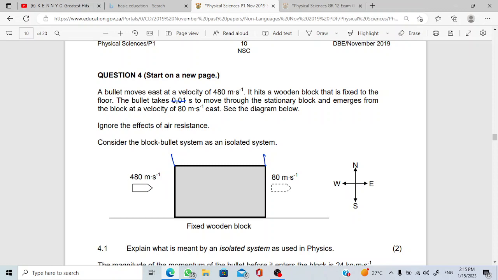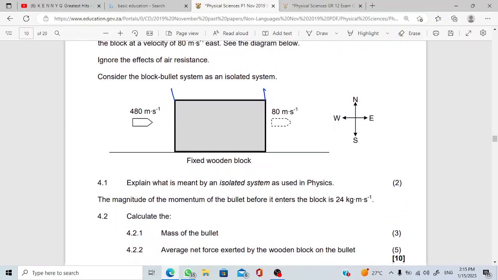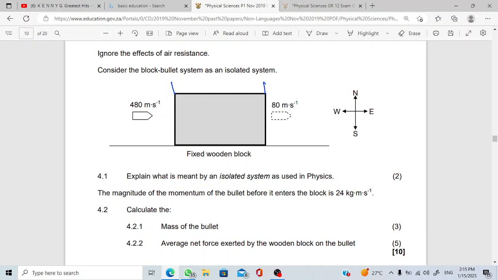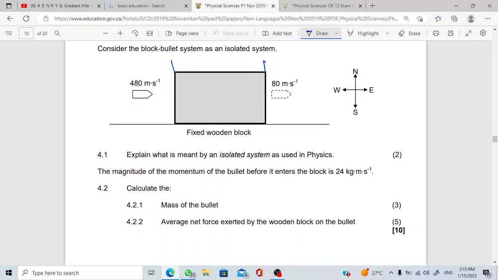Now they say consider the bullet-block system as an isolated system. Now explain what is meant by an isolated system. Okay, when we talk about an isolated system, we are talking about a system whereby it doesn't interact with its surroundings.